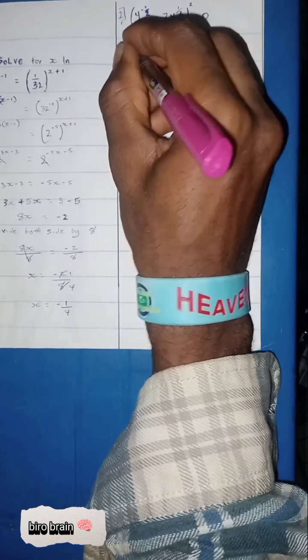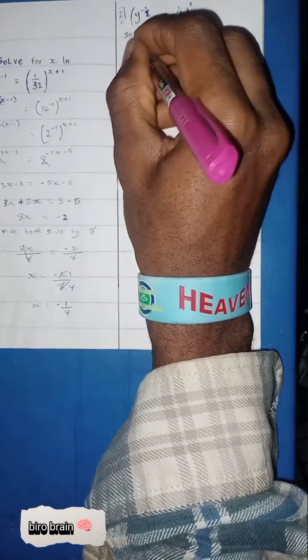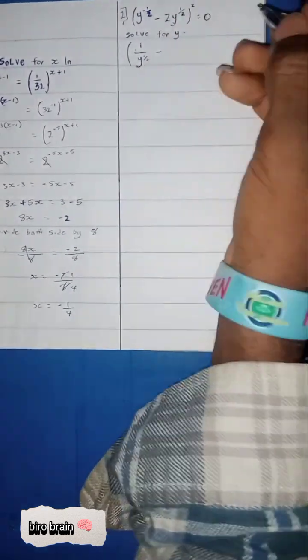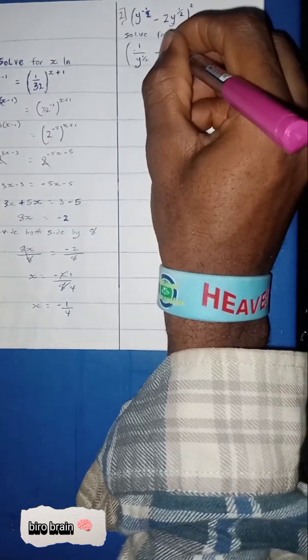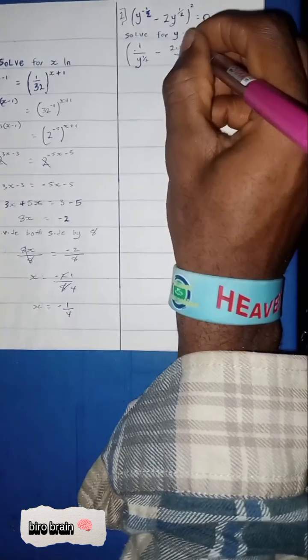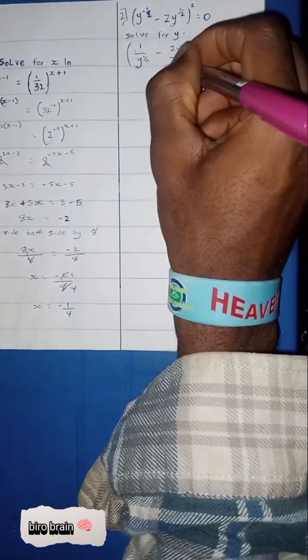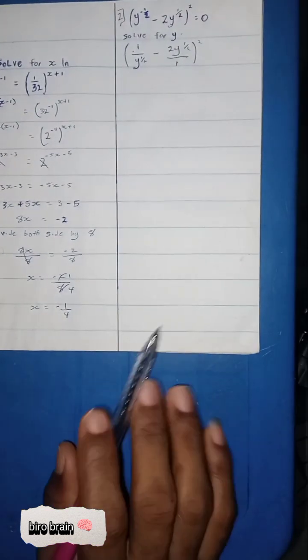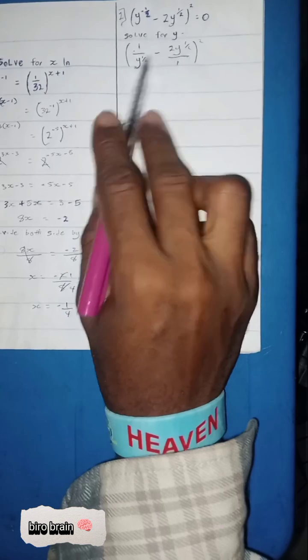So what do we do in this case? Now this is what we'll do. This should be 1 over y raised to the power 1 over 2, then minus this is now 2y raised to the power 1 over 2 over 1, then square. Now the next thing we do is that we take the square of everything in this bracket.